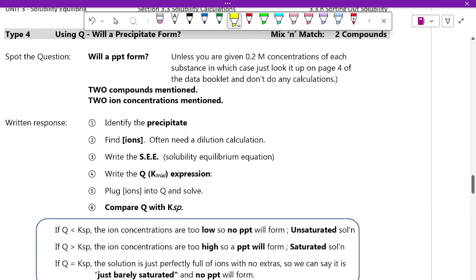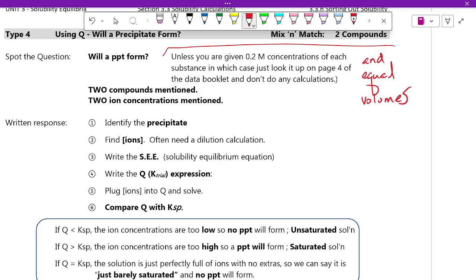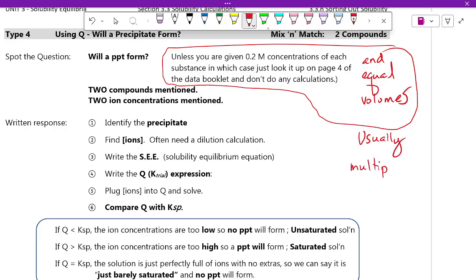Type 4, Q: will a precipitate form? Unless you are given 0.2 molar concentrations of each and equal volumes. This is usually in multiple choice, but sometimes it could be in long answer.